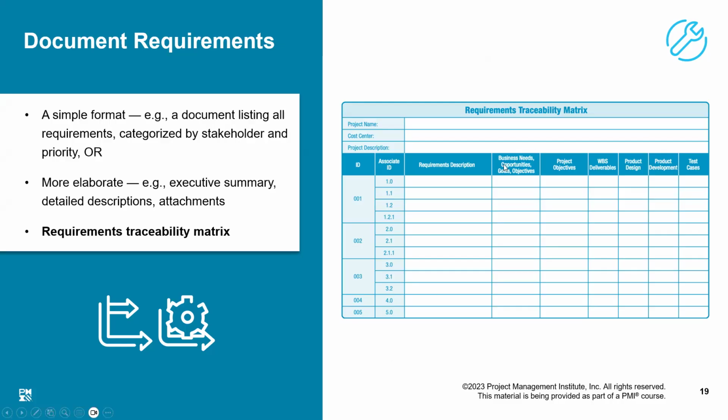So here we are trying to trace the requirement from business need, opportunities, and project objectives. What are the project objectives? Scope, time, and cost. What is most important for this specific requirement? Maybe it is time. In another case, it might be cost. Then which work breakdown structure deliverable is associated with this requirement?